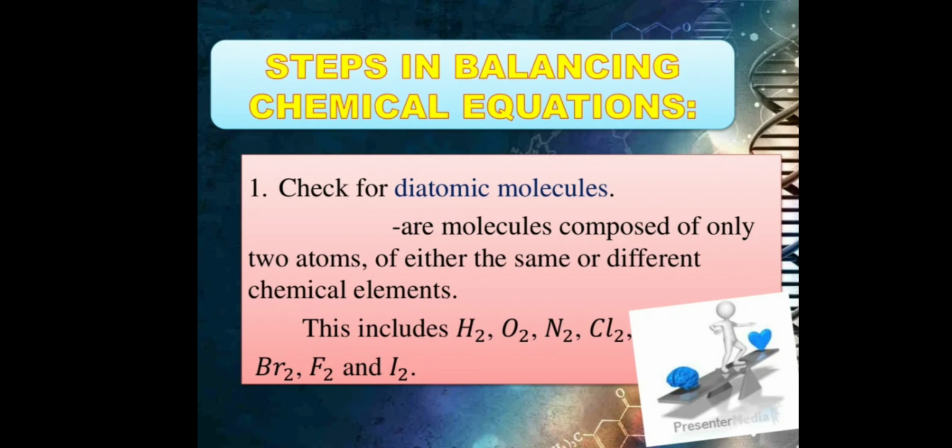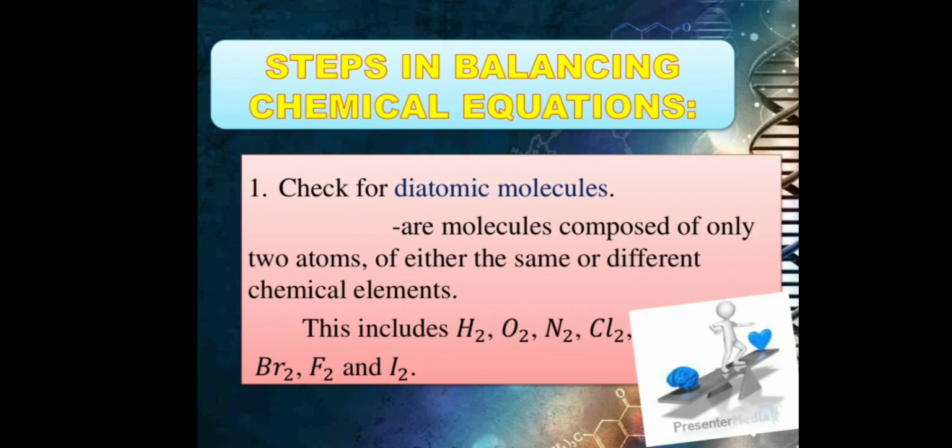Let's go now to the steps in balancing a chemical equation. The first one is to check for diatomic molecules. Diatomic molecules are molecules composed of only 2 atoms of either the same or different chemical elements. Please take note of that.